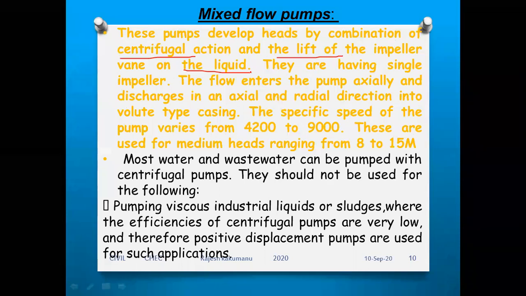Next, they are having a single impeller. These are having a single type of impeller. The flow enters the pump axially. The water flow enters the pump axially and discharges in an axial and radial direction. So what they are saying here about exit and entry, for example, this is a pump.